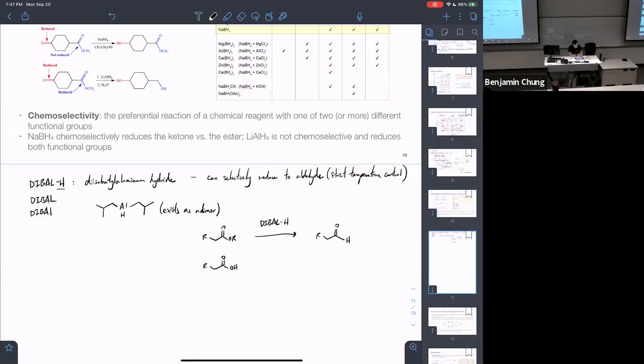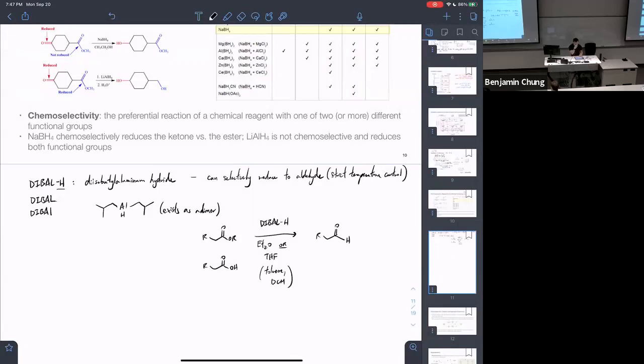So this requires an aprotic solvent, because if you were using a protic solvent, that would decompose your Dibal, so toluene or DCM, like we discussed earlier. And we require low temperatures.